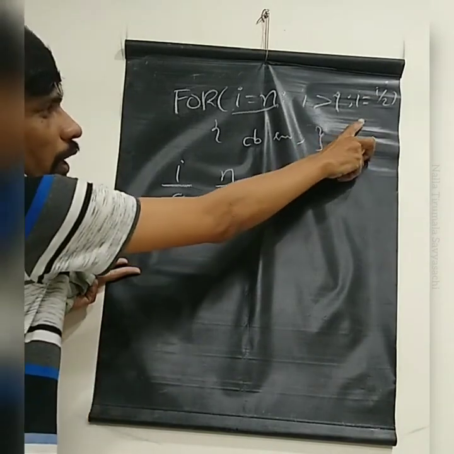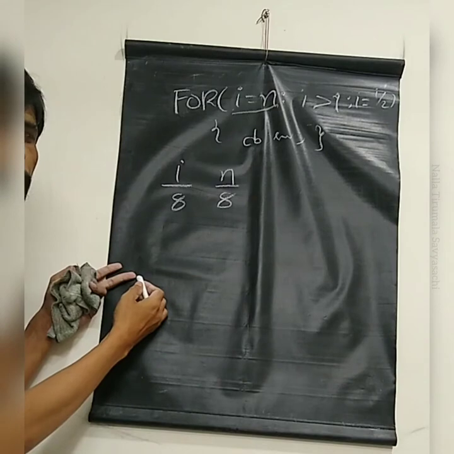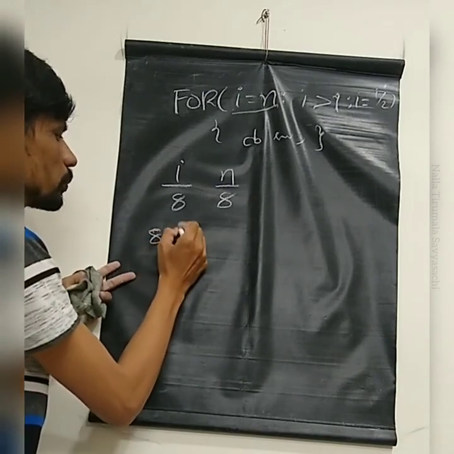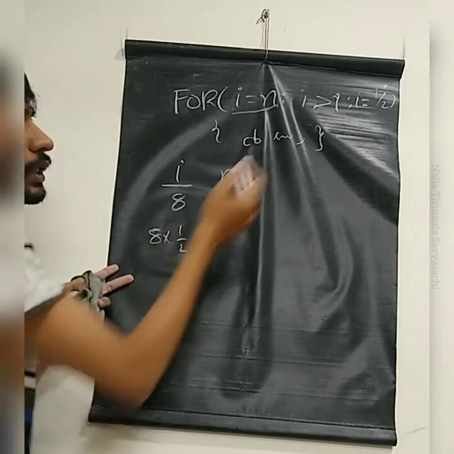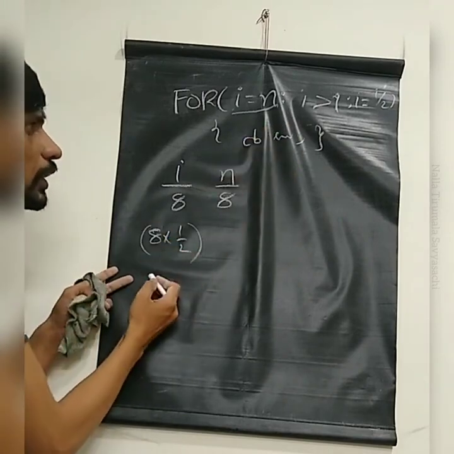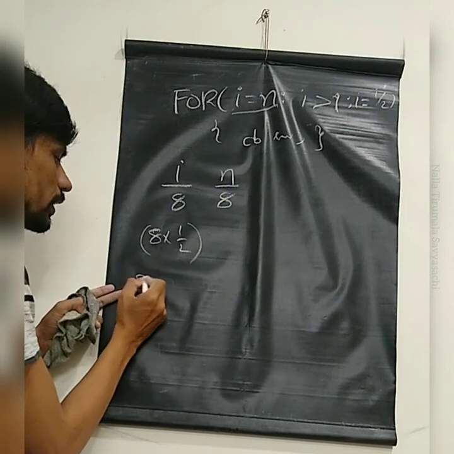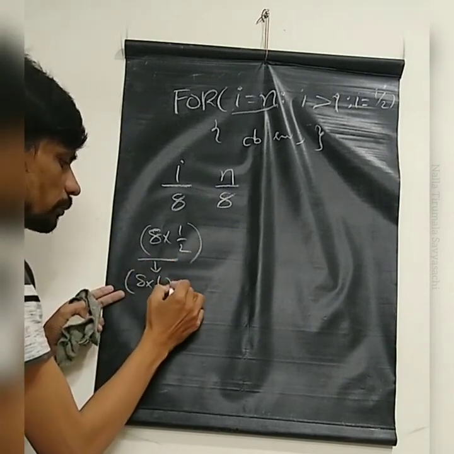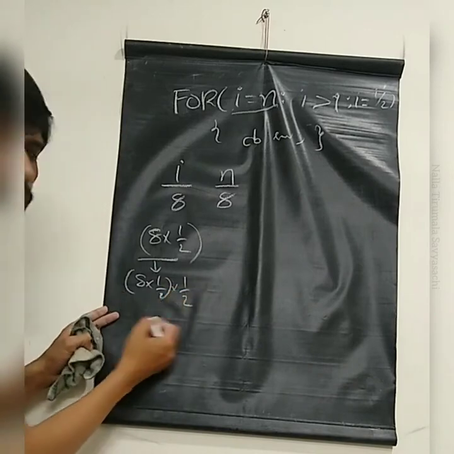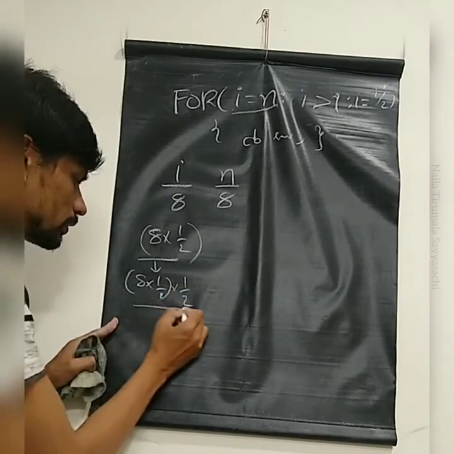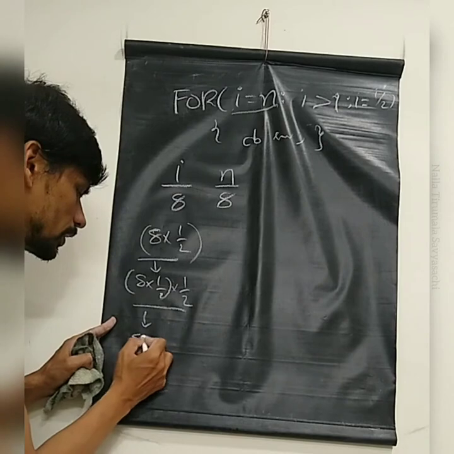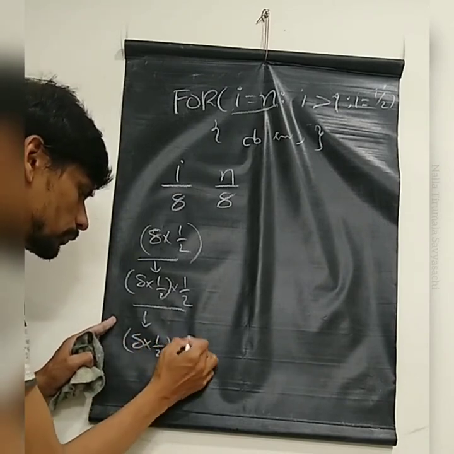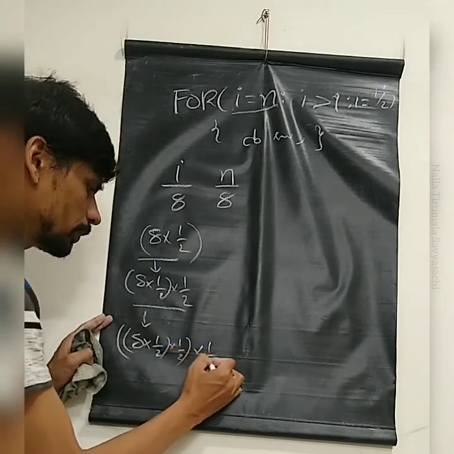So after that what will happen? i equals i by 2, right? That means 8 multiplied by 1 by 2. Right? That can be represented like this. So next time what will happen? 8 multiplied by 1 by 2, and this thing multiplied by 1 by 2 again. So next step, this thing will come here: 8 multiplied by 1 by 2, multiplied by 1 by 2, multiplied by 1 by 2.